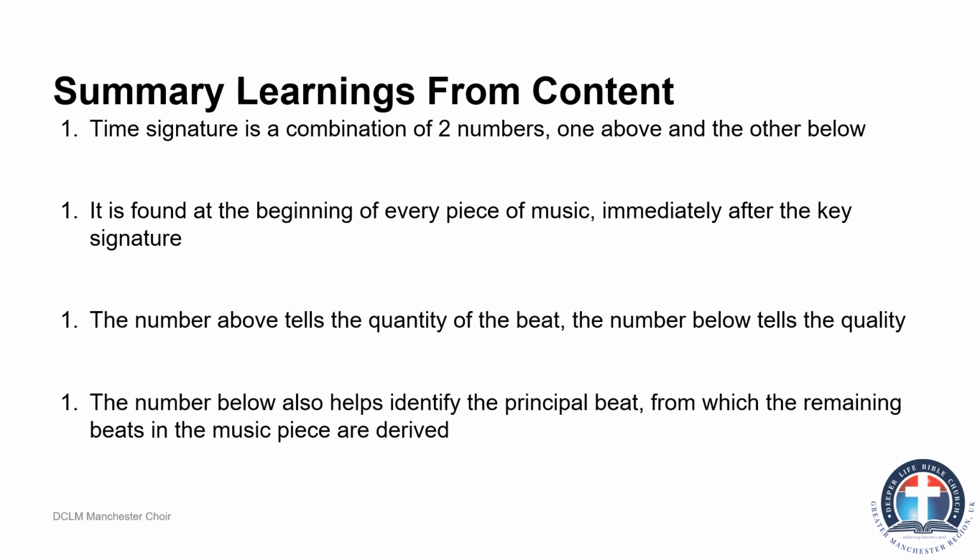The third thing you would normally have is the time signature. The number above tells the quantity of beats, and the number below tells the quality of beats. The number below also helps to identify the principal beats from which the remaining beats in the music piece are derived.